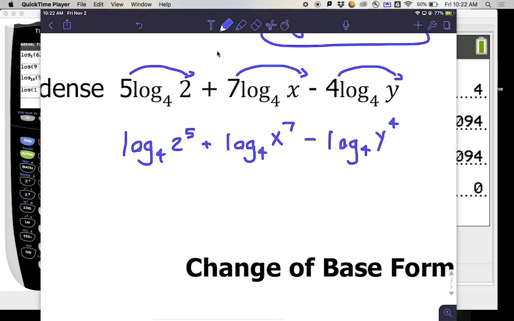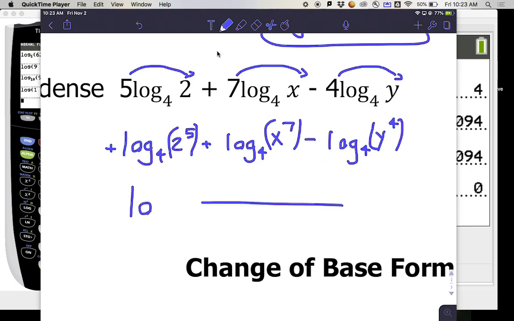Okay, and then since there's an implied positive right here, these two are being multiplied, all of the stuff in the parentheses. And then this minus log right here, that'll be in the denominator. So we're going to have log base 4 of 2 to the 5th power, and then times x to the 7th, and then divided by y to the 4th.